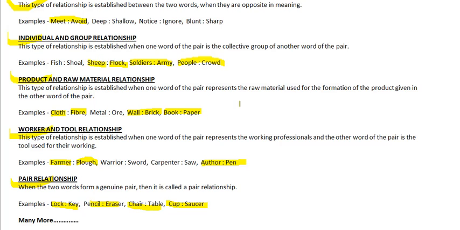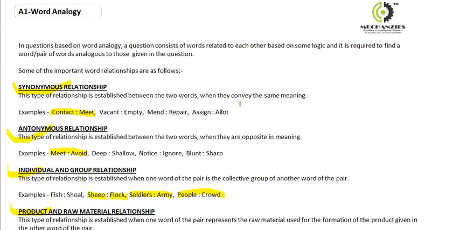So let us now proceed towards the questions which have come in previous examinations of different levels, from basic to higher level, in examinations like CAT, MAT and SSC CGL, and even for the RRB.